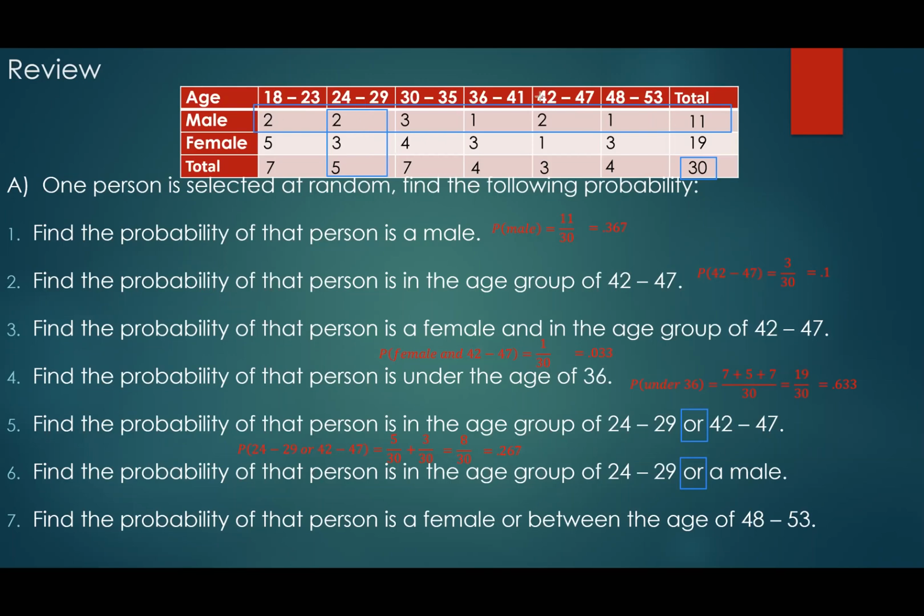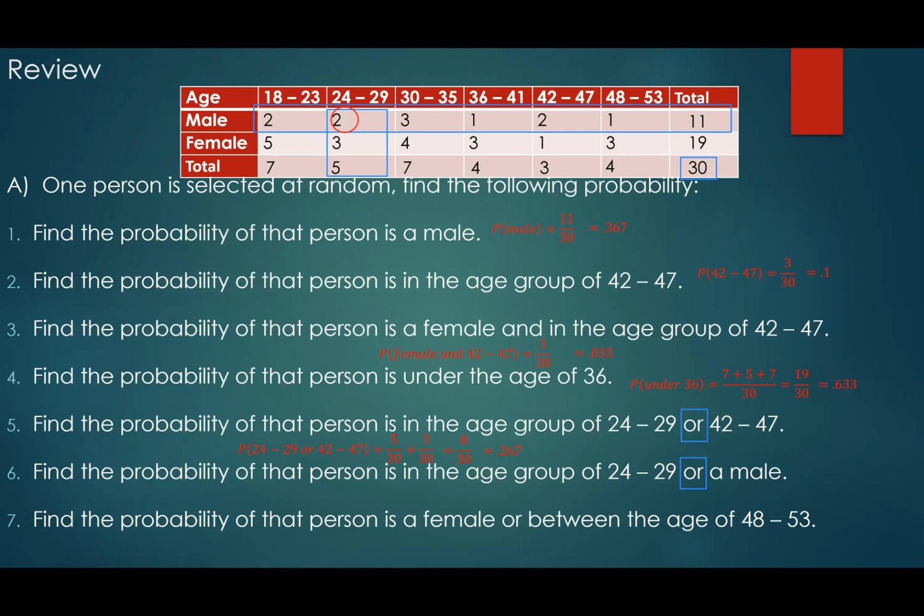Everybody see that there is an overlap. There are two people who are in both items, who are in 24 to 29 and also male. Because they cross each other, because they overlap, ladies and gentlemen, this is not mutually exclusive. They have something in common, so they are not mutually exclusive.